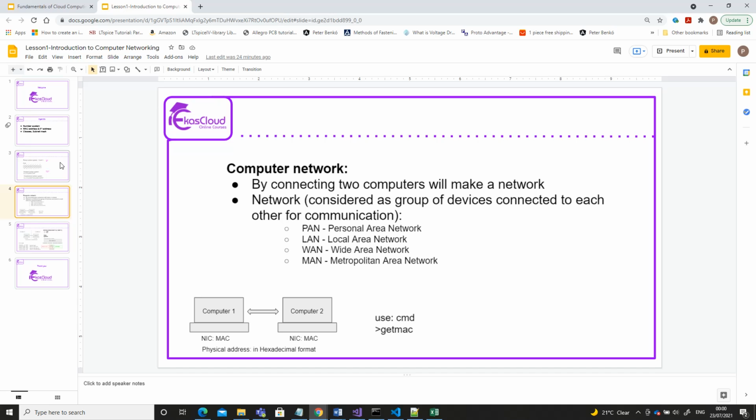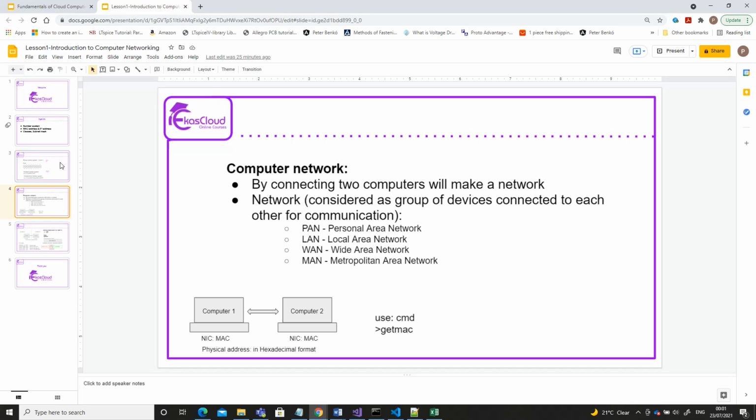This is a very unique number, and basically it gives the name of the computer. Or if you like, we can call it the answer to the question, who is it? The MAC address tells you which computer that is.